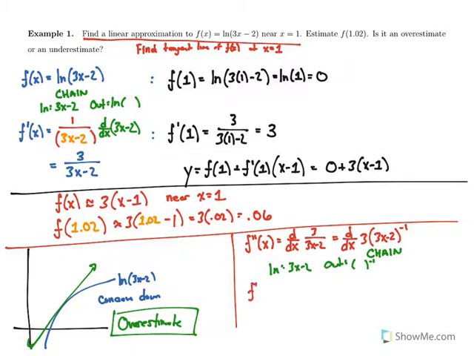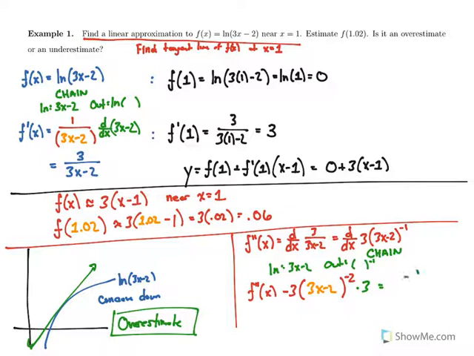The derivative here will be negative, 3 coming out in front, something to the negative 2 power. The something is what we're going to leave on the inside, 3x minus 2. And we're going to multiply by the derivative of the inside function, 3.